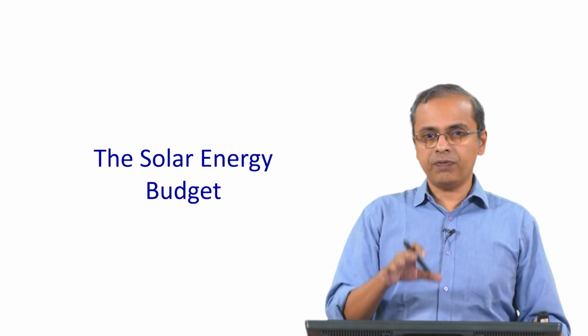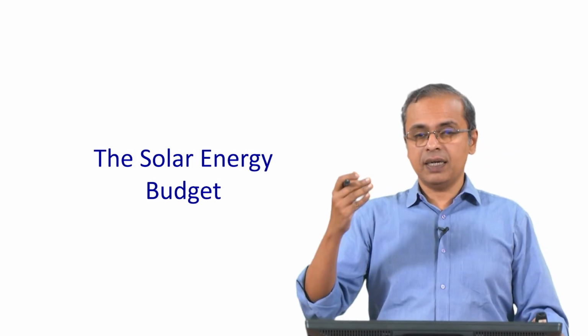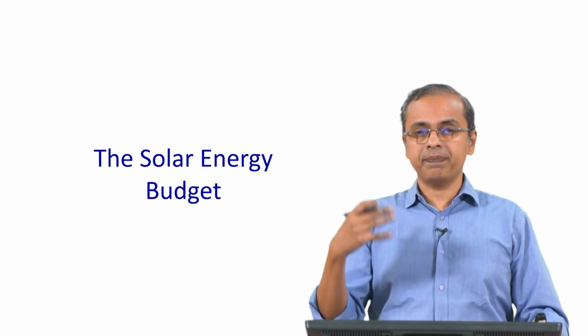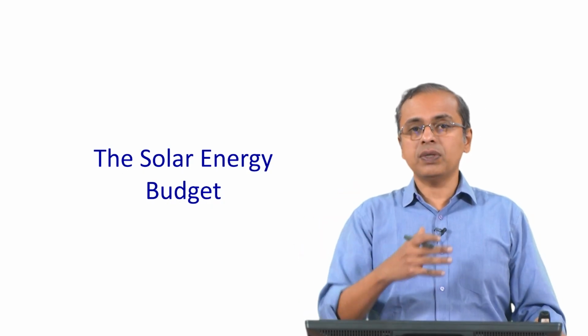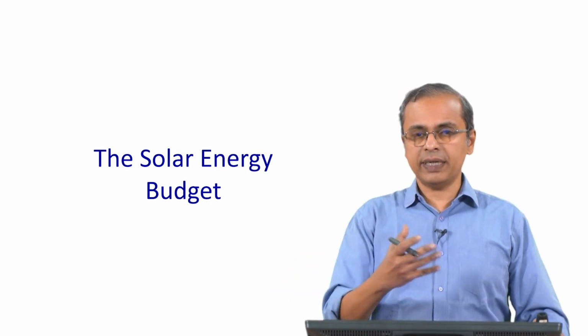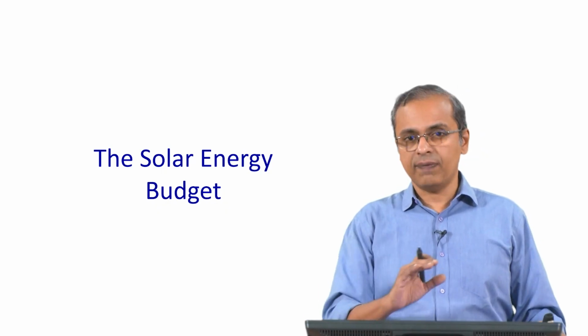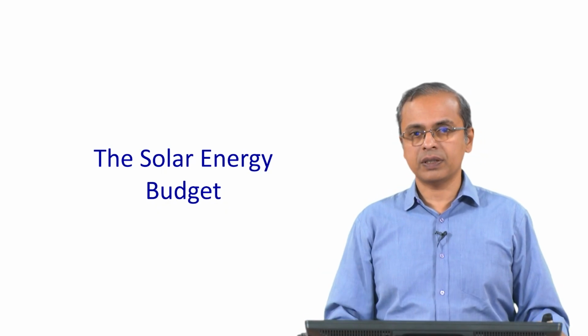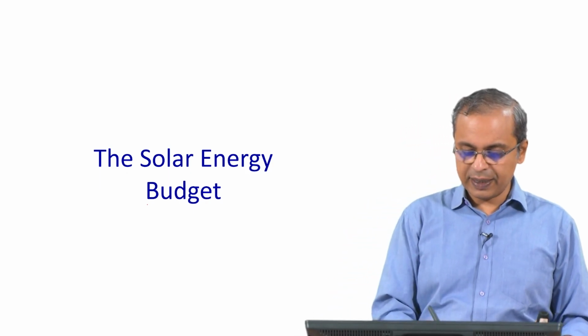In this class we will look at the next step. Once that energy arrives at the outskirts of our planet, what happens to it? Where does it go, how does it get distributed, and what happens to it eventually? That is what I am referring to as the solar energy budget.